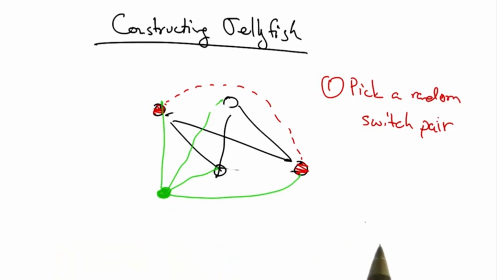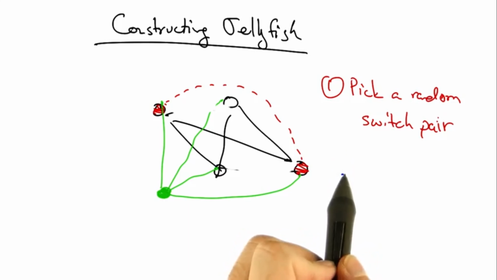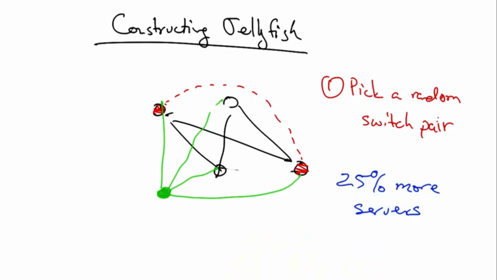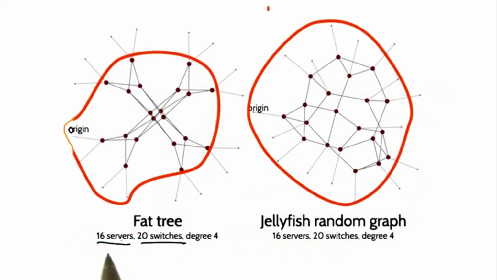For a particular equipment cost, using identical equipment, the Jellyfish topology can achieve increased capacity by supporting 25% more servers. This higher capacity is achieved because the paths through the topology are shorter than they would be in a fat tree topology. Consider a topology with 16 servers, 20 switches, and a fixed degree of 4 for both the fat tree topology and the Jellyfish random graph.